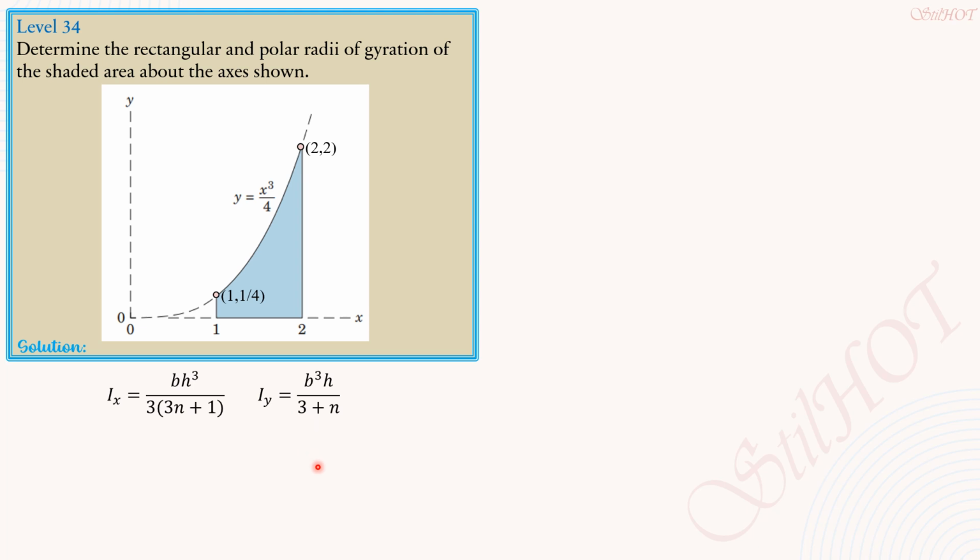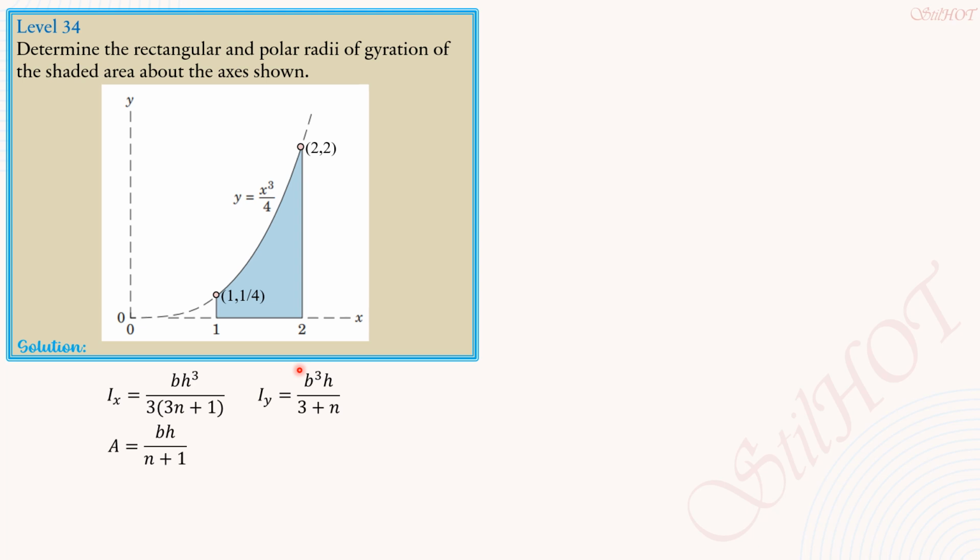So for Ix, it is the moment of inertia of this big region minus this small region here. So b is 2 for the big region, h is also 2. Then for the small region, b is 1 and h is 1/4, and the degree is 3.